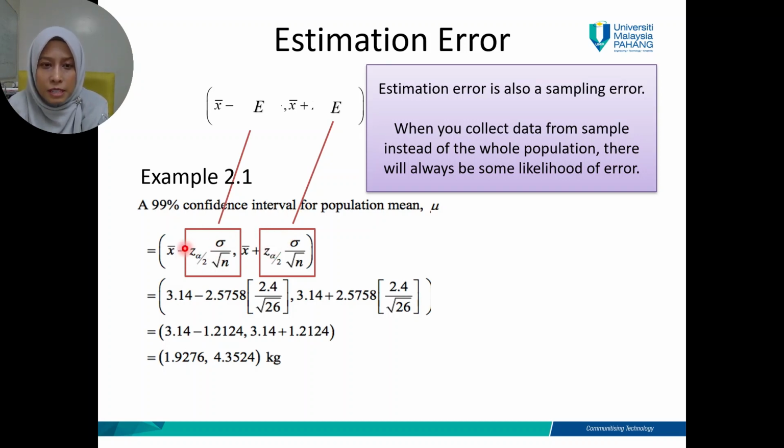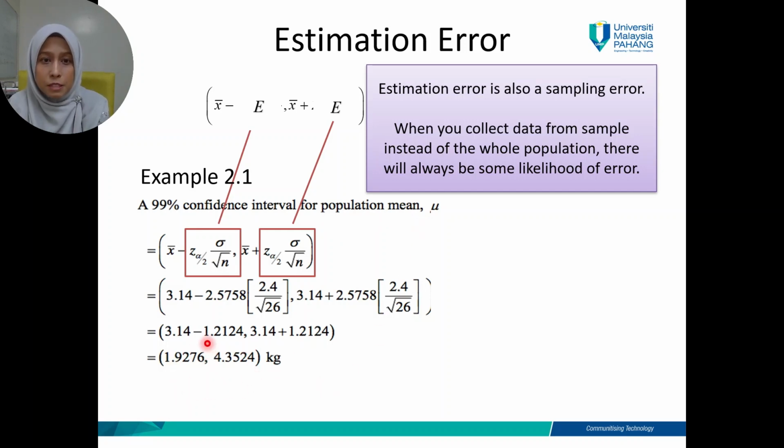If you calculate this, 2.5758 multiplied by 2.4 divided by square root 26, you will get 1.2124. This is the magnitude of error that we have when we try to estimate the population mean using this confidence interval.